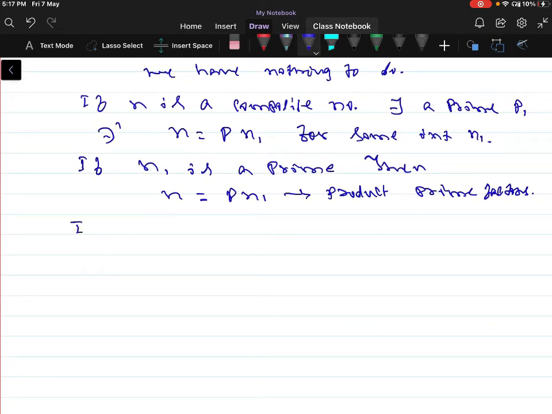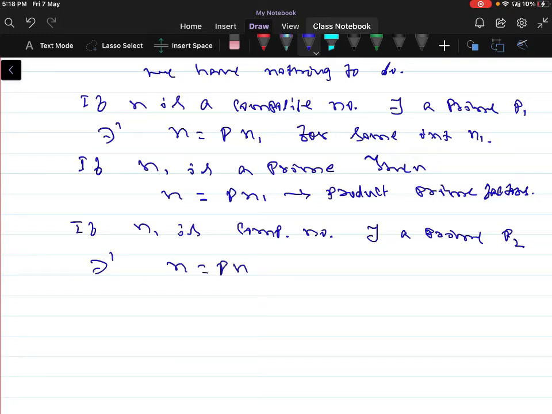Suppose n1 is a composite number. Then there exists a prime p2 such that n is equal to p1 into n1, which is equal to p1 into p2 into n2 for some integer n2.